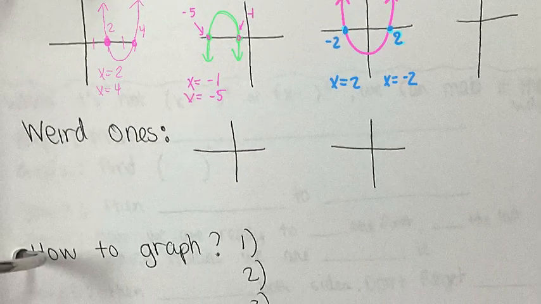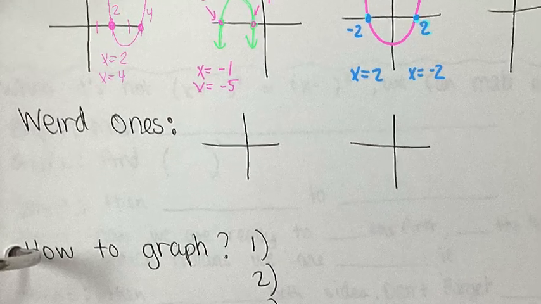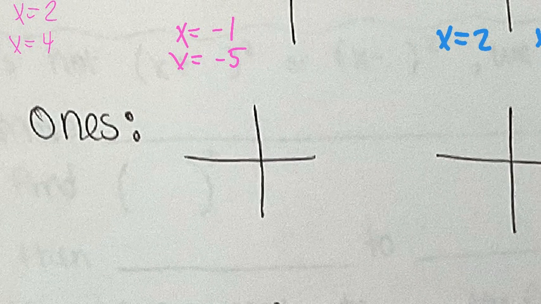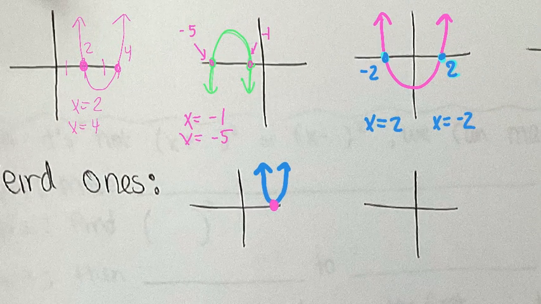Let's talk about weird ones. So we could have a weird graph that sits right on the x-axis. The first 3 examples I gave you, it crossed here and here. It crossed here and here.